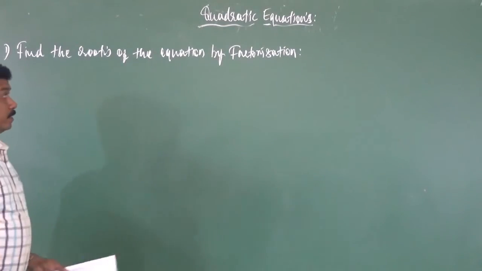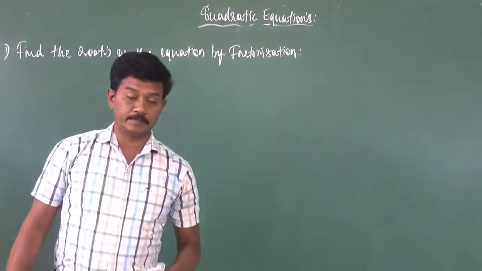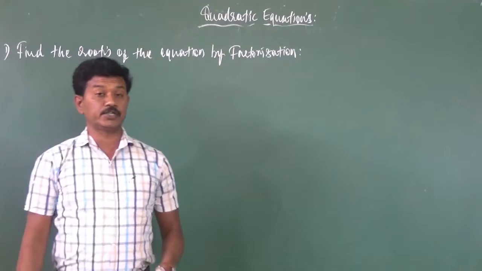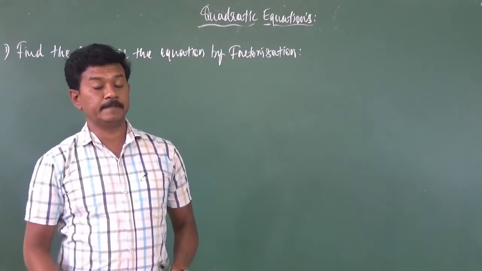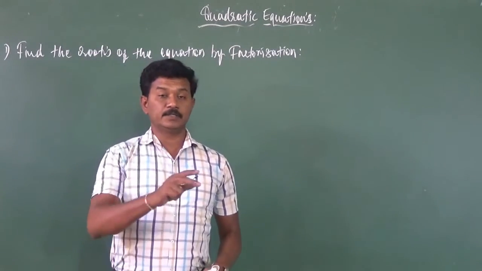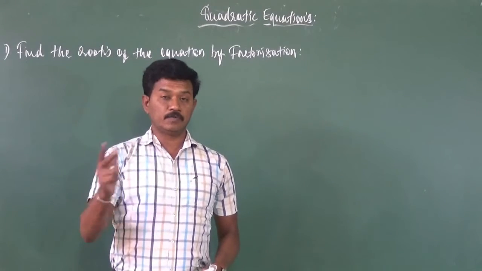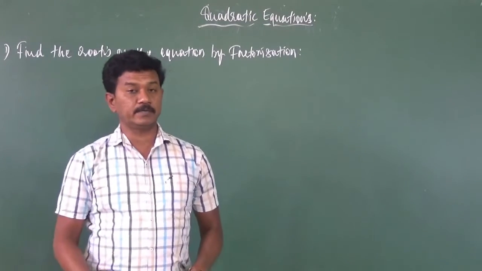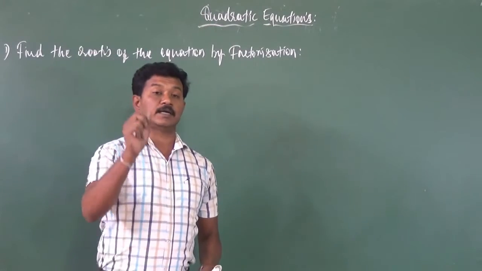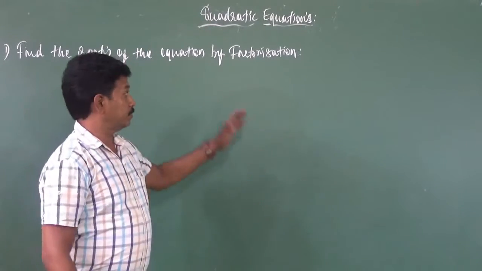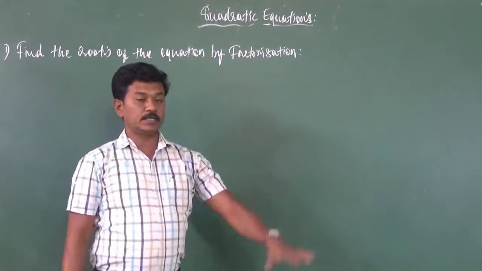Here you have to be very particular with the question, because there are two methods discussed in your textbook for finding the roots of the given quadratic equation. You have to see by which method they are asking you to do it. If they are asking by the method of factorization, you have to do it in that method.